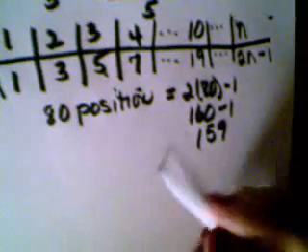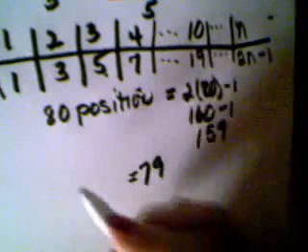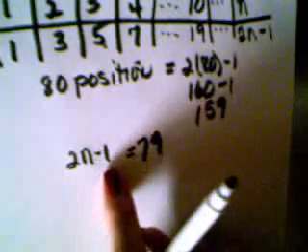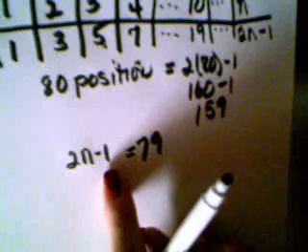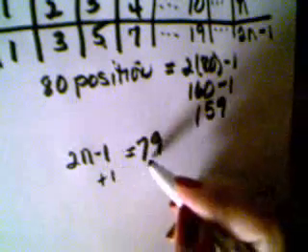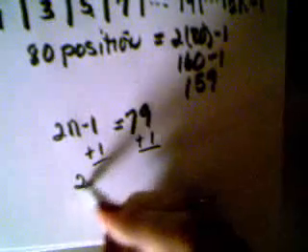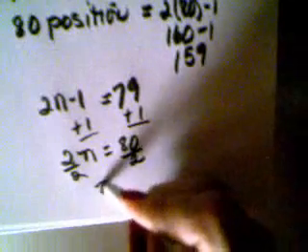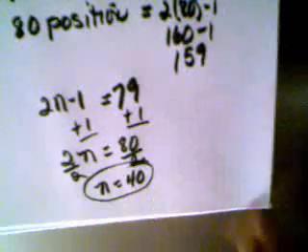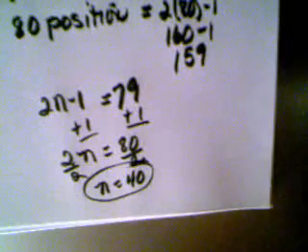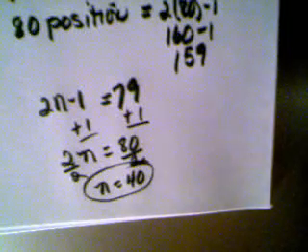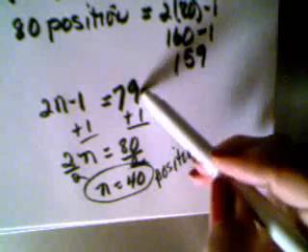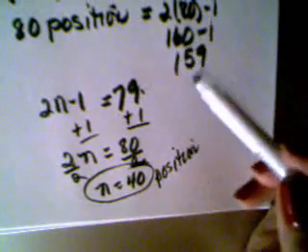But if I know the odd number and I want to know the position, then I can use our conjecture and create an equation. So I can add 1 on both sides and divide by 2. And so you have 40 would be the position of the odd number 79.